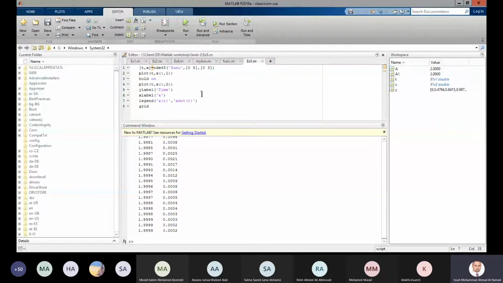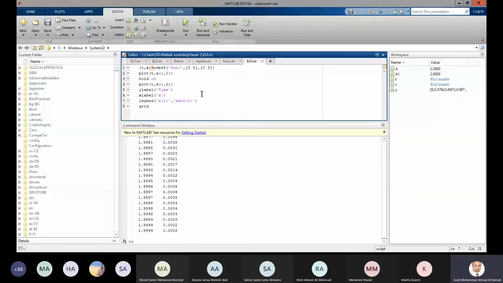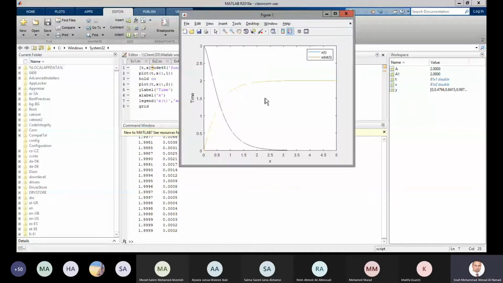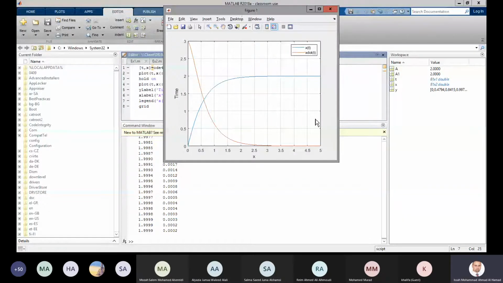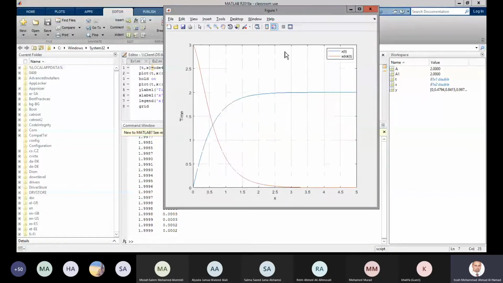Let me press run now. I'll do it again. So this is our solution. Now the first one is x of t, and the second one is x dot of t.